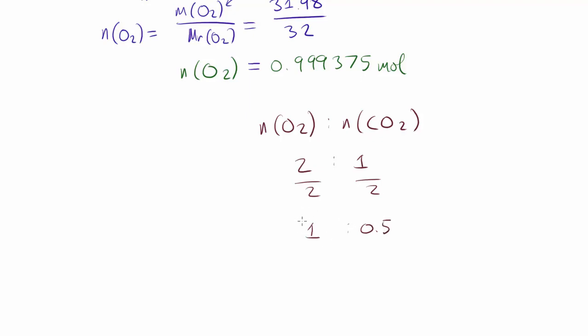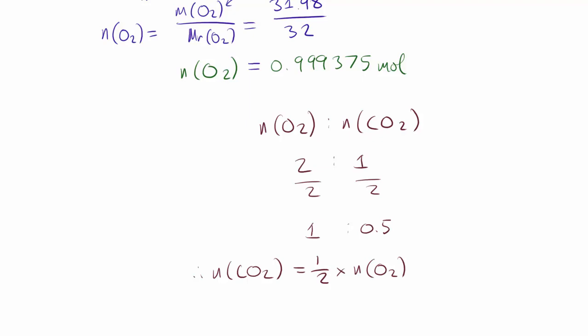So for every 1 mole of oxygen, we're going to get 0.5 moles of carbon dioxide. And therefore the number of moles of CO2 is equal to half multiplied by the number of moles of oxygen.